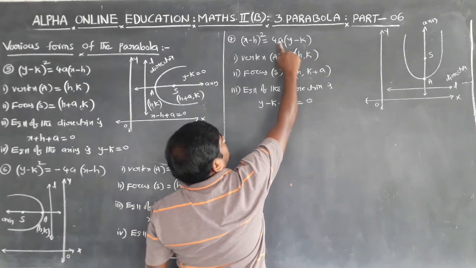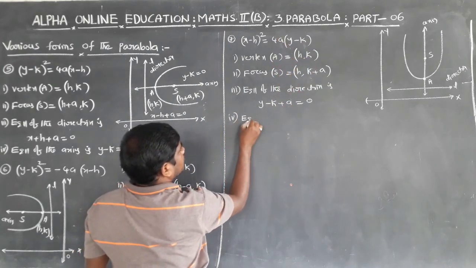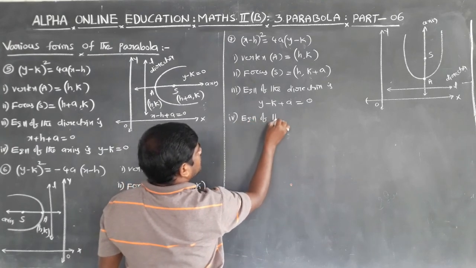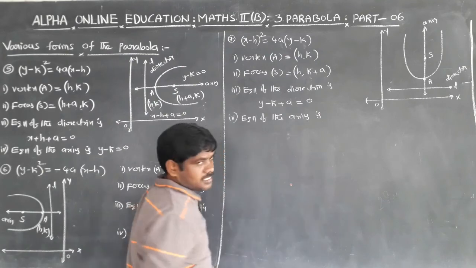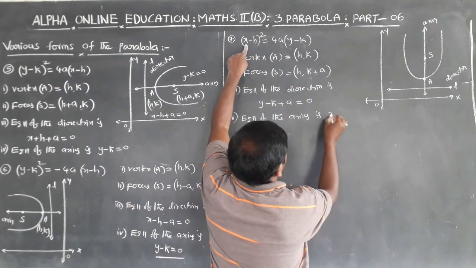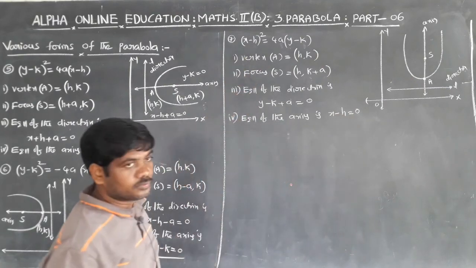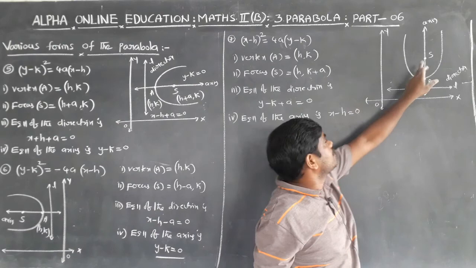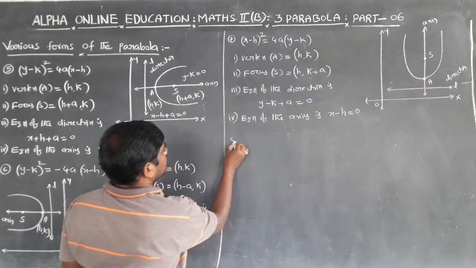Next one is the equation of the axis. Equation of the axis is x minus h is equal to 0.